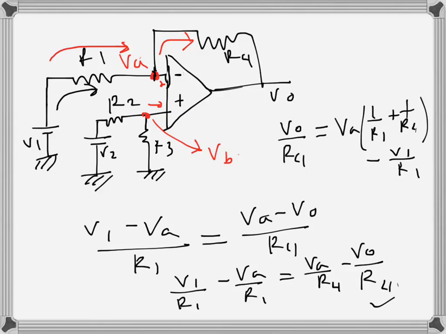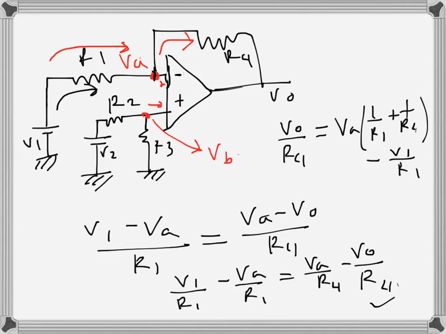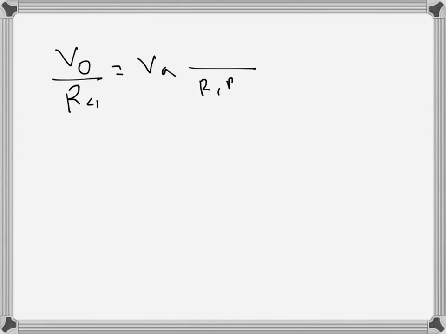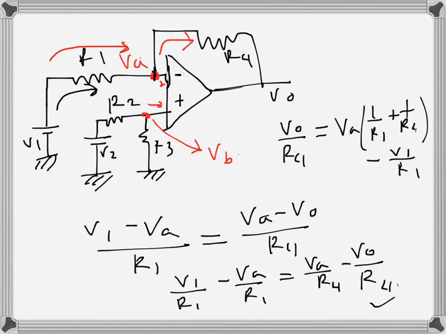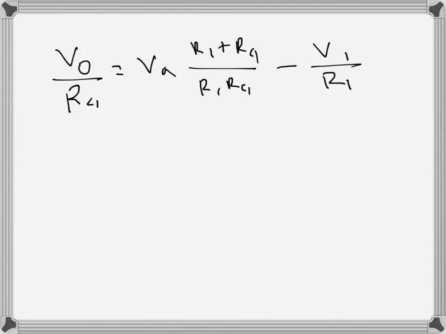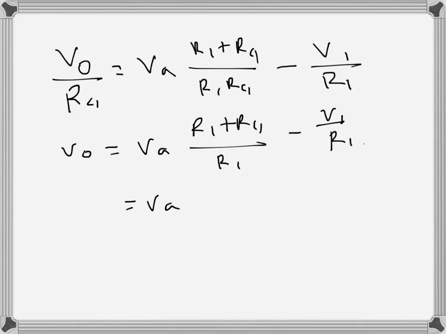If I rearrange this even more and multiply both sides by R4, it becomes V naught equals VA times (1 plus R4 over R1) minus V1 over R1. So that's one equation we can have.